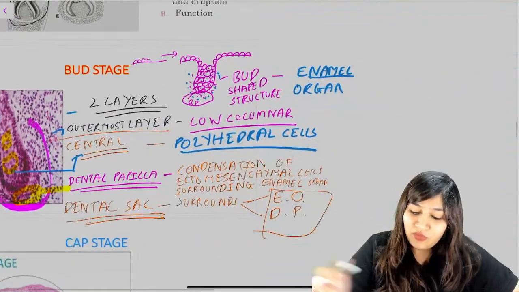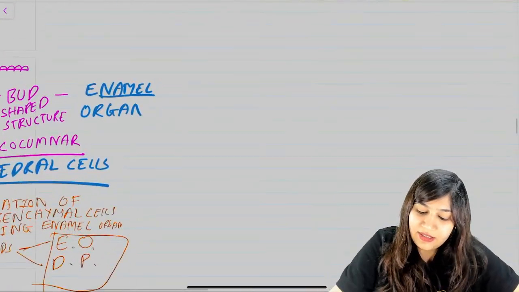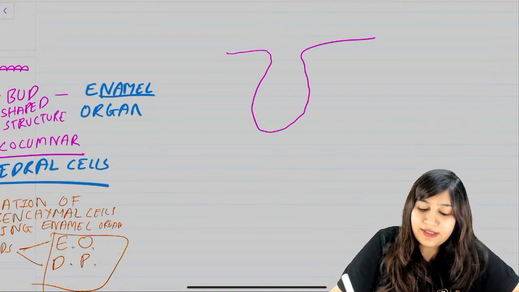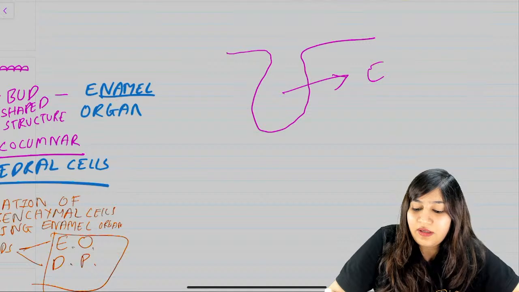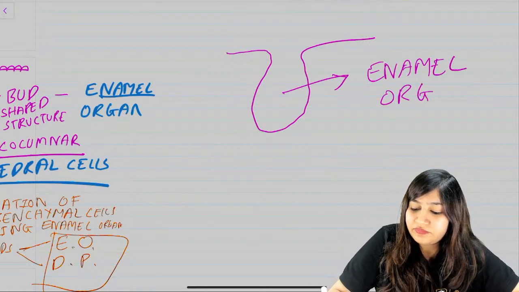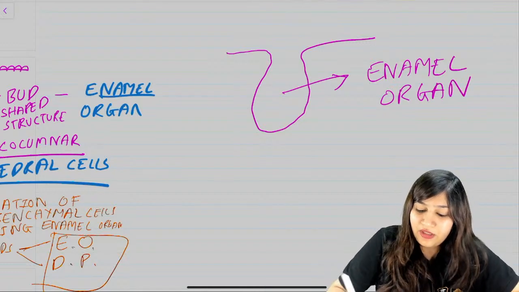So now we can easily appreciate in this diagram, in bud stage, this is our enamel organ, right?